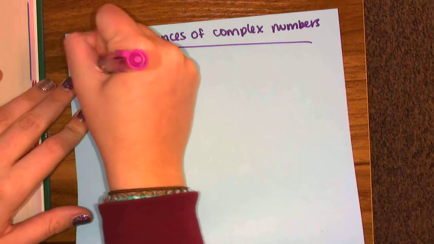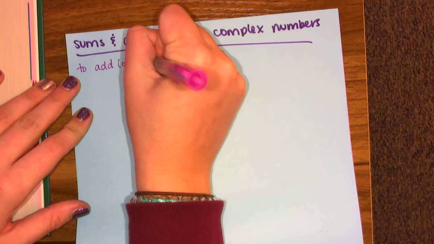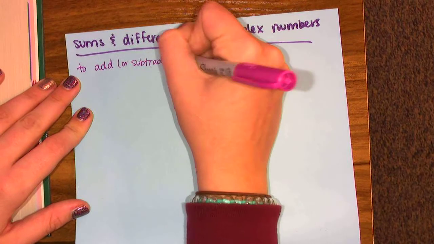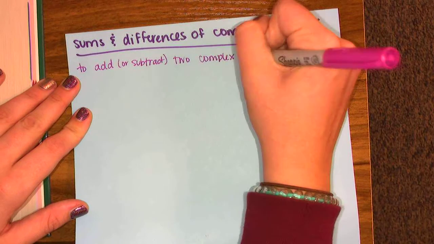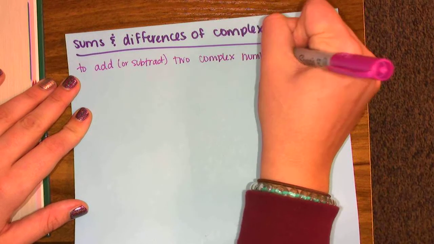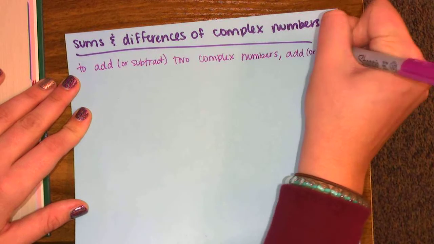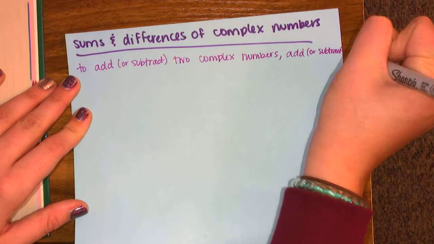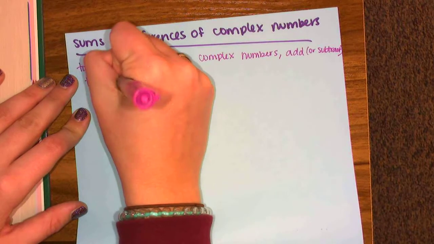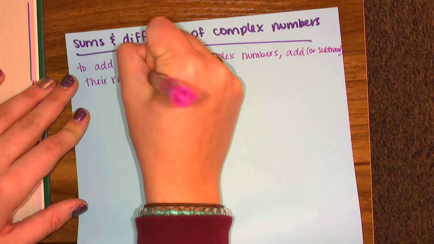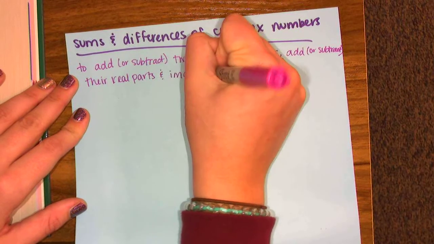To add or subtract, as the case may be, two complex numbers, add or subtract their real parts and imaginary parts separately.